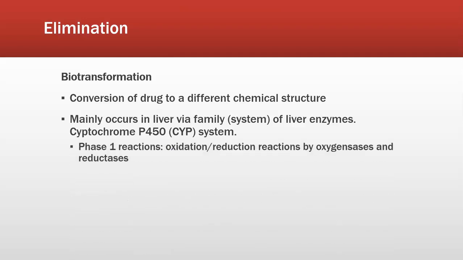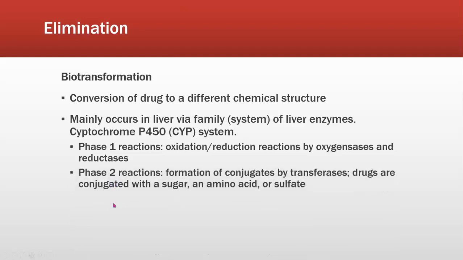Phase 1 reactions are your oxidation and reduction reactions by oxygenases and reductases. That's your phase 1. Remember that. Phase 2 reactions are formation of conjugates by transferases, and then drugs are conjugated with a sugar, an amino acid, or a sulfate.